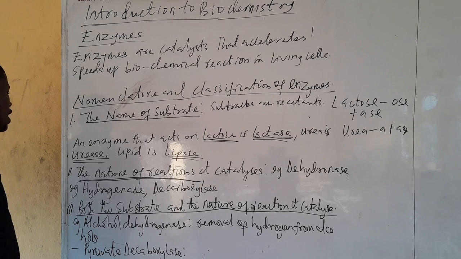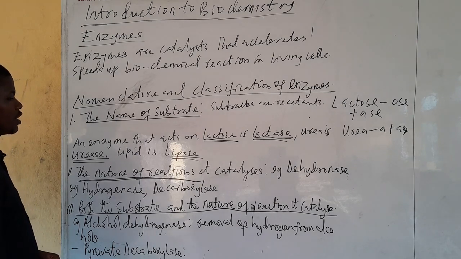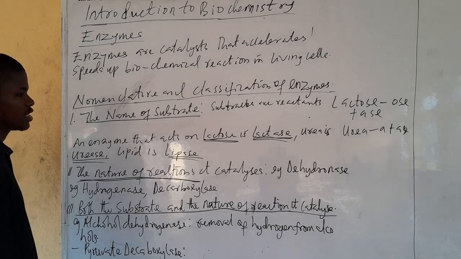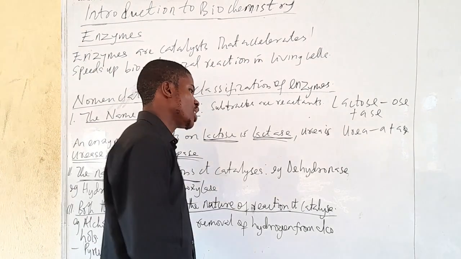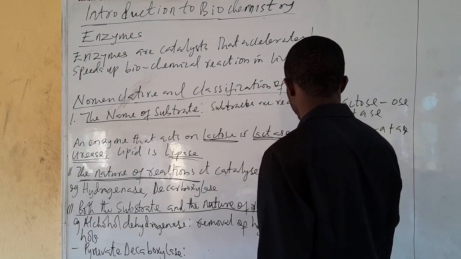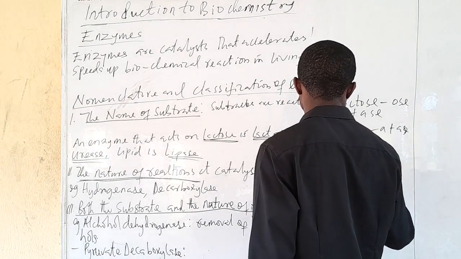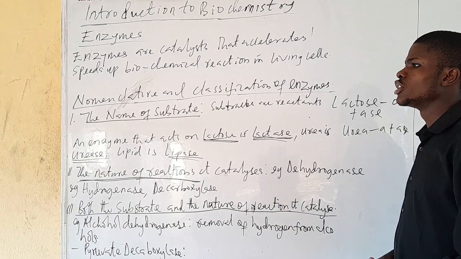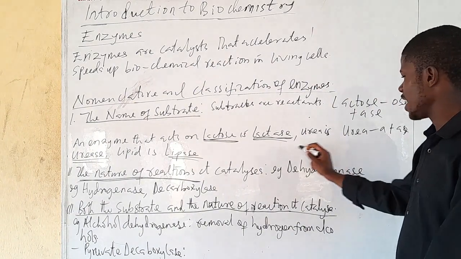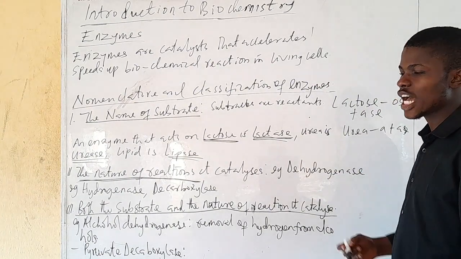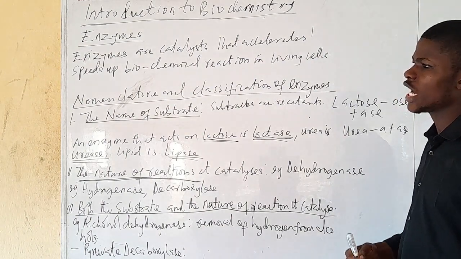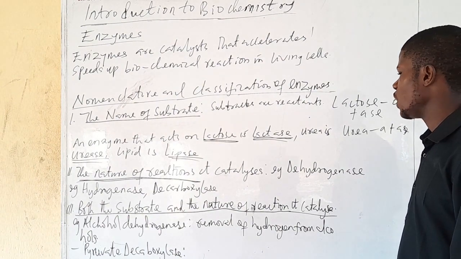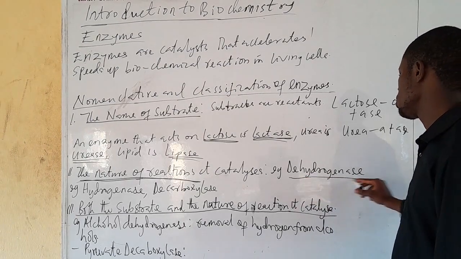So take note. Another thing we can consider in classifying enzymes is the nature of reactions they catalyze, for example dehydrogenase. Dehydrogenases are enzymes that remove, just as the name implies, hydrogen atoms from molecules.